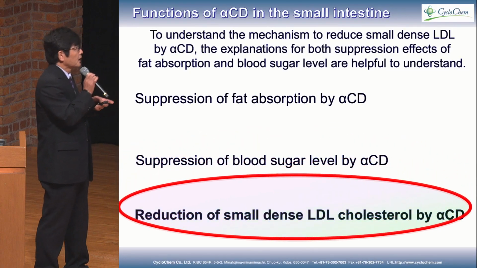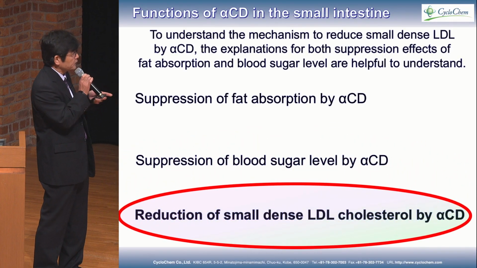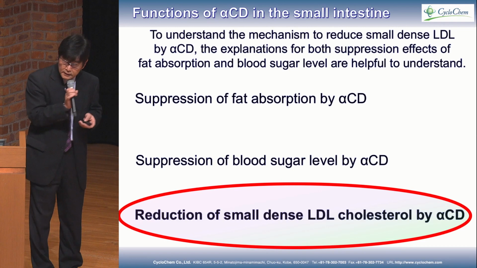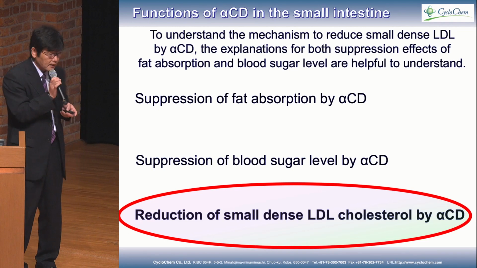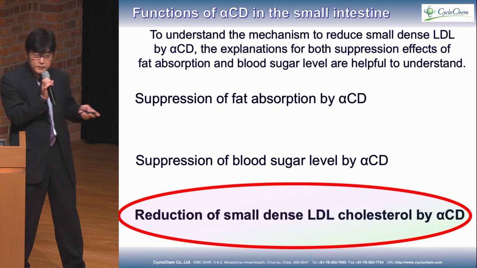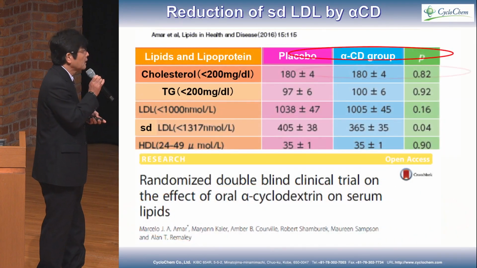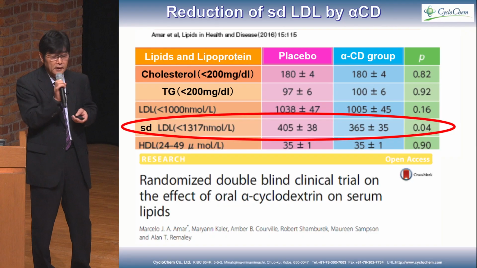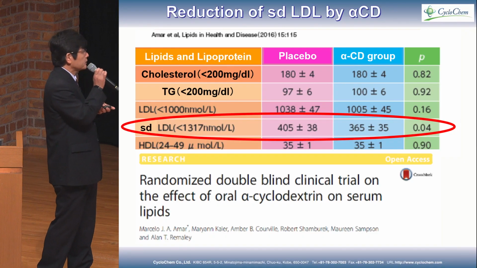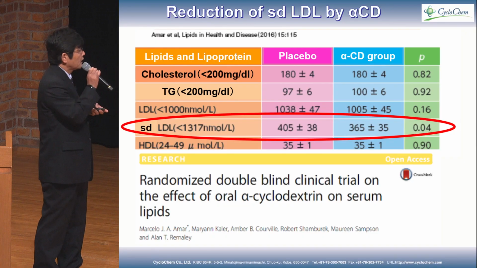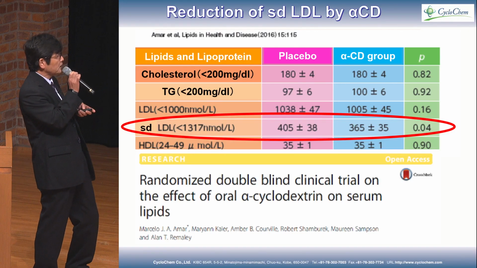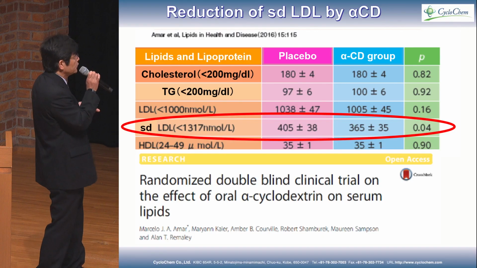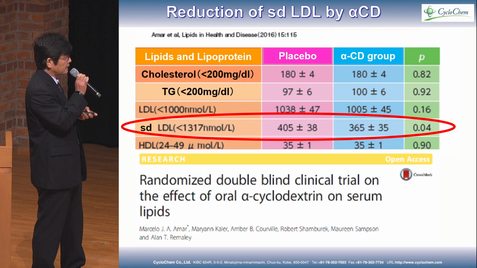So, because we know the suppression effect of alpha-cyclodextrin, now I can explain the reduction of small dense LDL cholesterol. A human study is available here at the NIH, National Institutes of Health in the US. They reported small dense LDL cholesterol can be reduced by alpha-cyclodextrin intake.